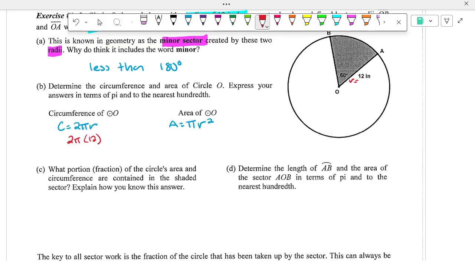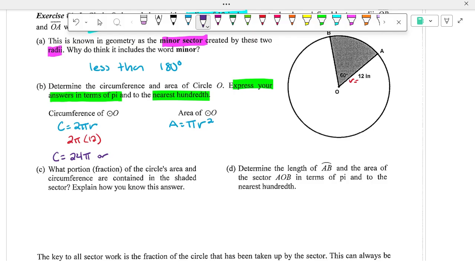They want us to express our answers in both pi and to the nearest hundredth. Does anyone remember how I express it in pi? We did this when we were doing the volume problems. We would just do 2 times 12, slap a pi on at the end. So the circumference would equal 24 pi.